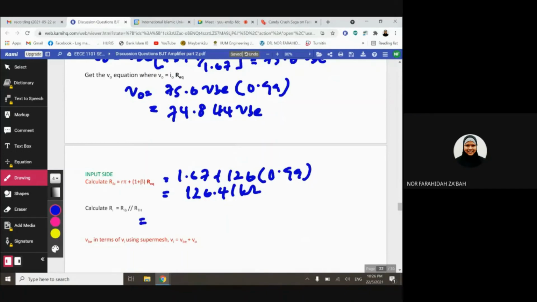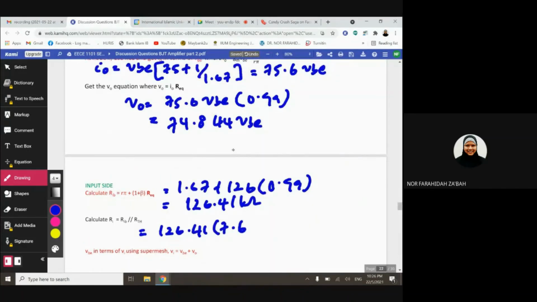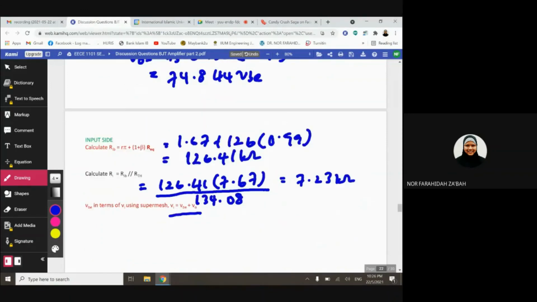So 126.41 multiply with 7.67 over 134.08, so 7.23 kilo ohm.